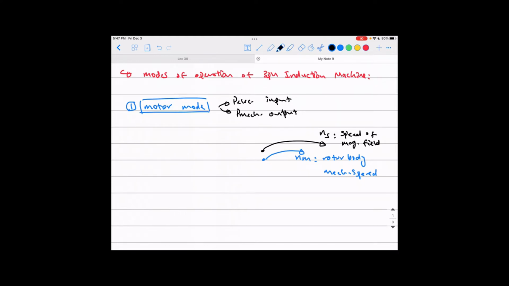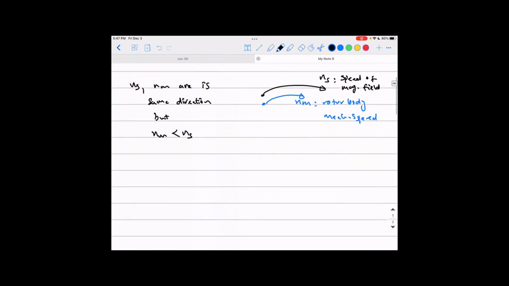So the synchronous speed and the mechanical speed are in the same direction, but the mechanical speed is slightly less than the synchronous speed. That's why we want to calculate the slip for the motor mode. The slip equals ns minus nm over ns. As the mechanical speed is less than the synchronous speed in the same direction, the slip for the motor mode is higher than 0 and less than 1.